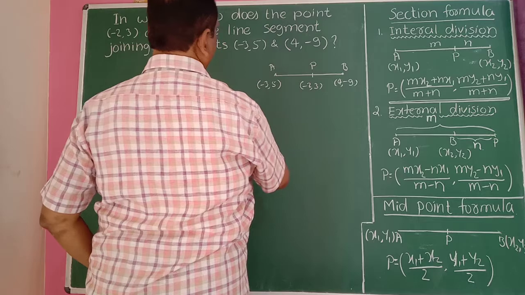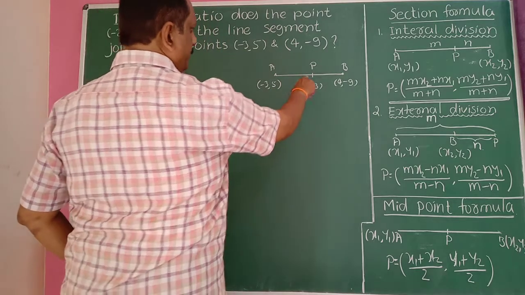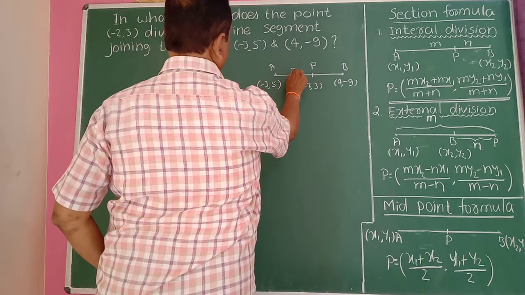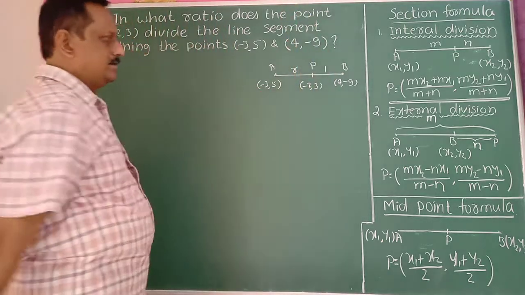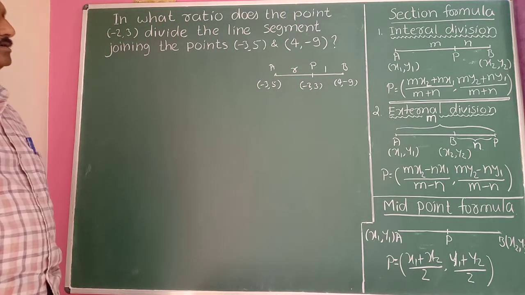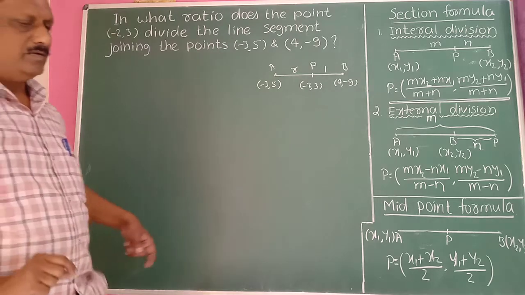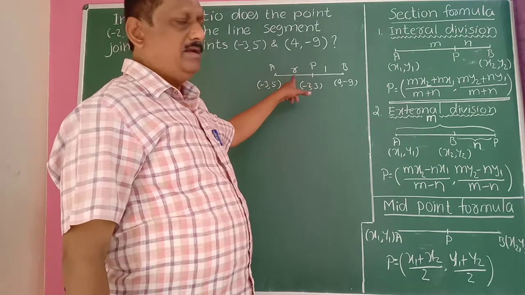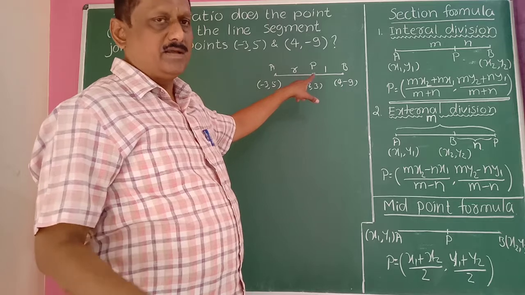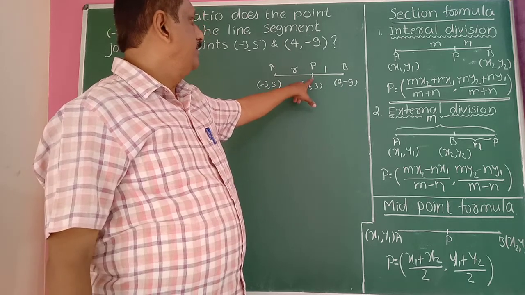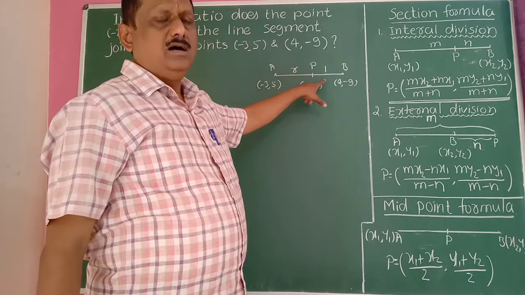Okay, (-2, 3). Let us consider P divides AB in the ratio r is to 1 here. Consider it divides as r is to 1. Okay, just like the previous example. In the previous example, we took P divides AB internally in the ratio m is to n. Here I am taking P divides AB in the ratio r is to 1.